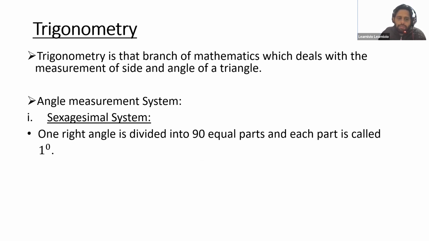So if we have this 90 degrees and we divide it into 90 parts, then each part is called 1 degree. This is a simple logic.